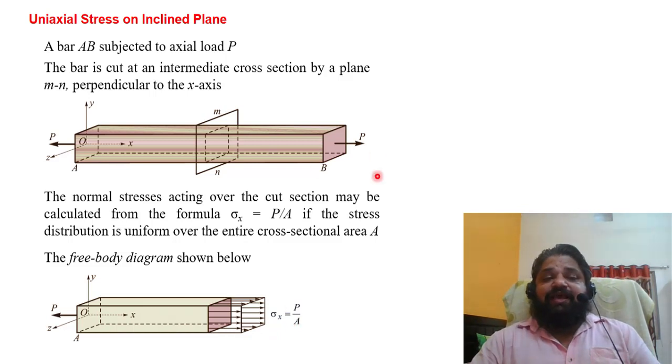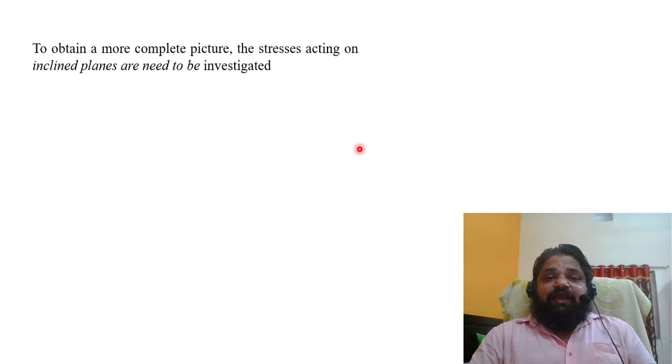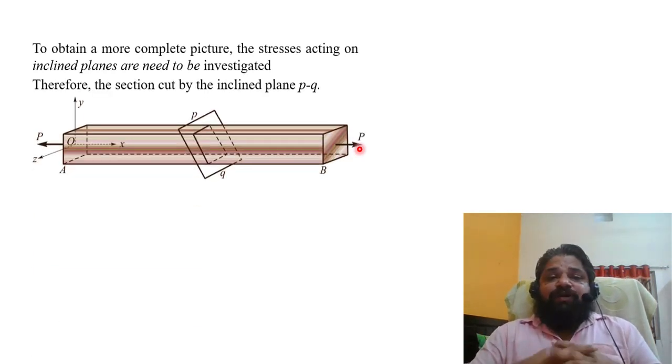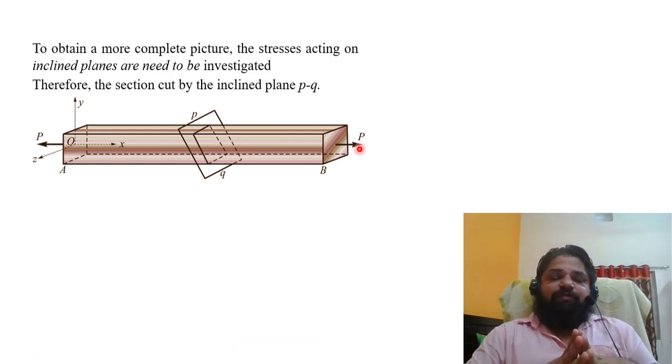But this is not for the inclined plane; rather, it's a straight plane. Now I'll convert it into a different form to obtain this complete picture for an inclined plane instead of a perpendicular plane.